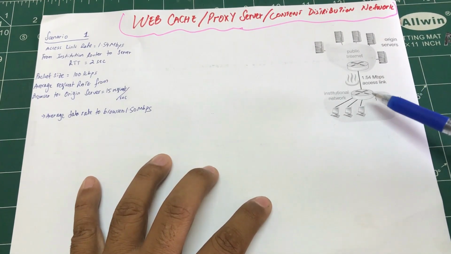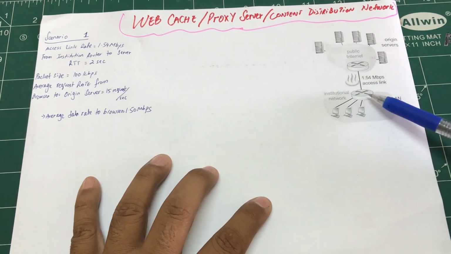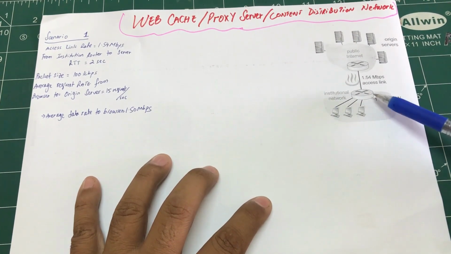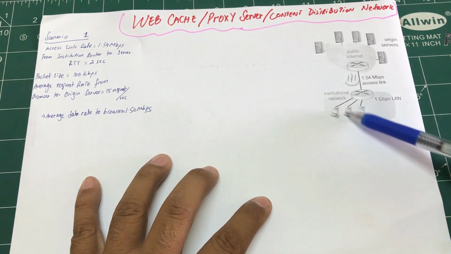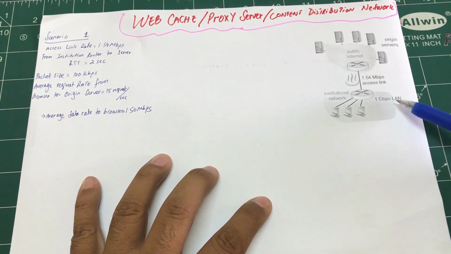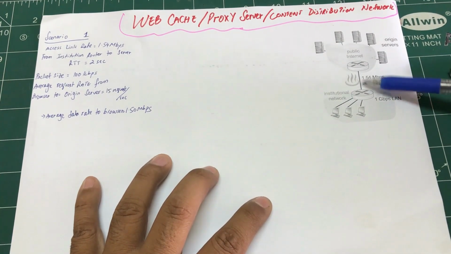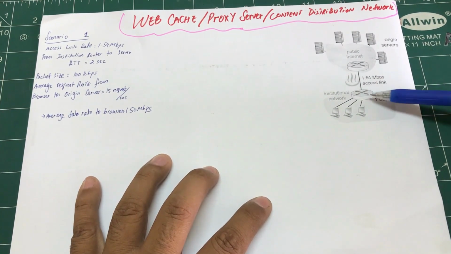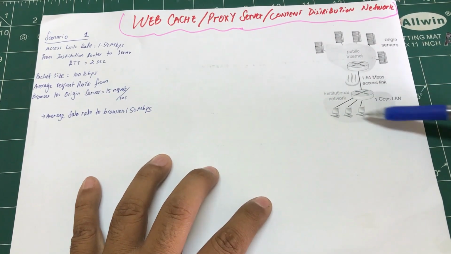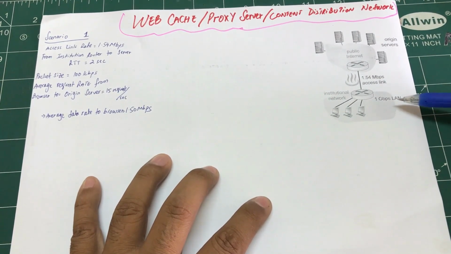So here's our scenario. We have an institutional router which is connected to a PC, and the transmission rate in that institutional network is about 1 gigabit per second. Then I have an access link which is about 1.54 megabits per second. Generally in an institute you get a dedicated link from your ISP, and then you have subnetting and all the other stuff going on within the institution.